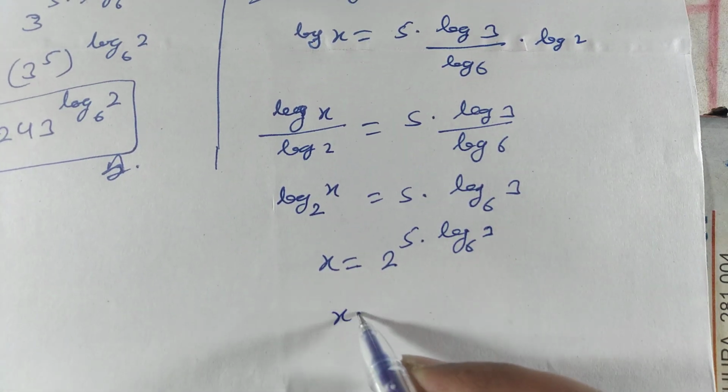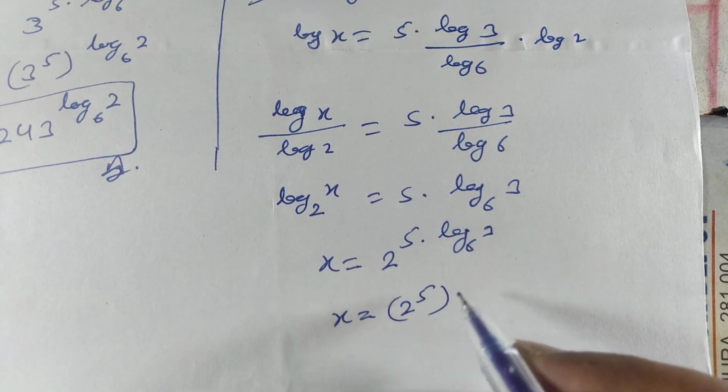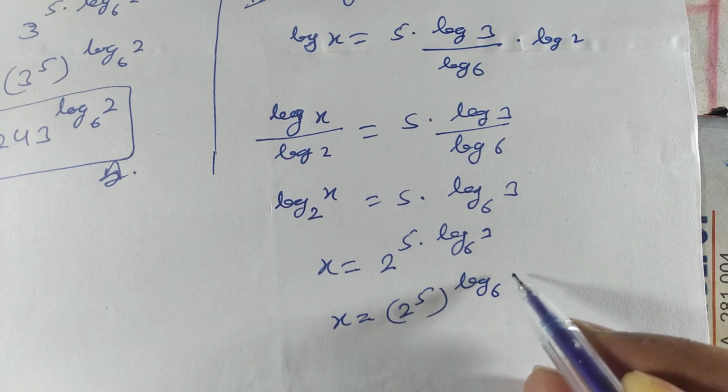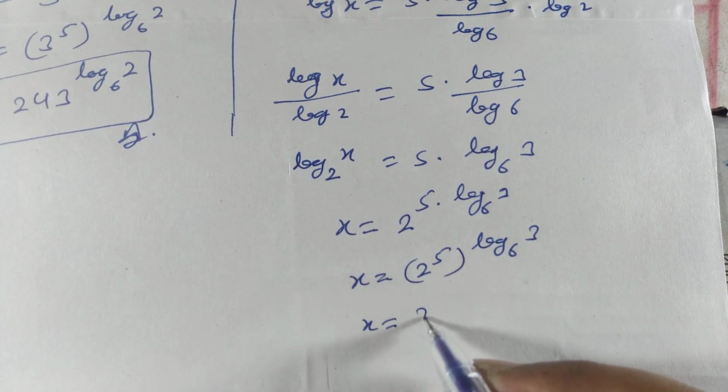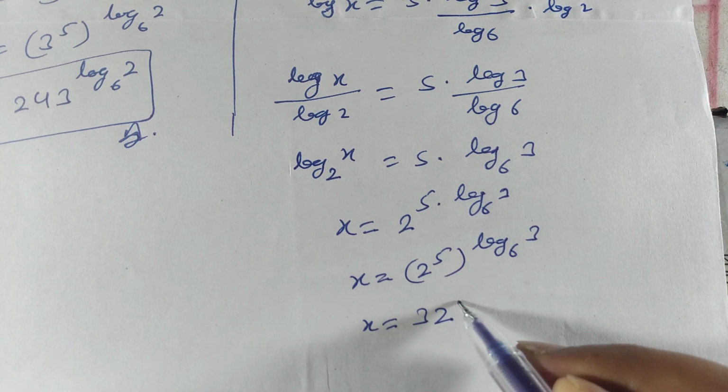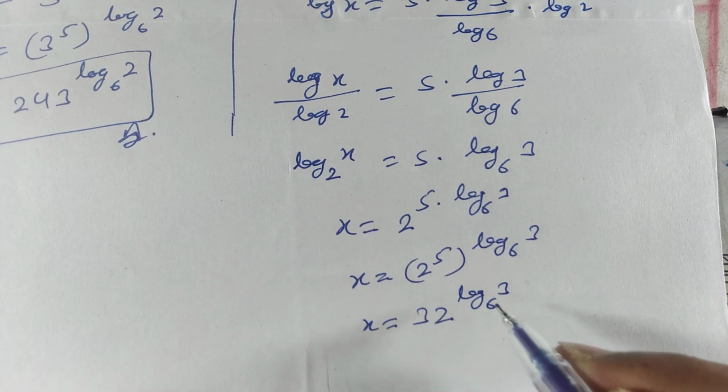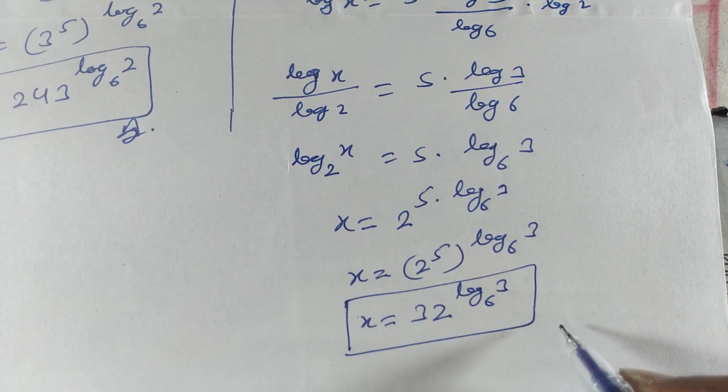Applying this law here, x is equal to 2 to the power 5 whole to the power log of 3 base 6. X is equal to 2 to the power 5, which is 32, to the power log of 3 base 6. This is the answer.